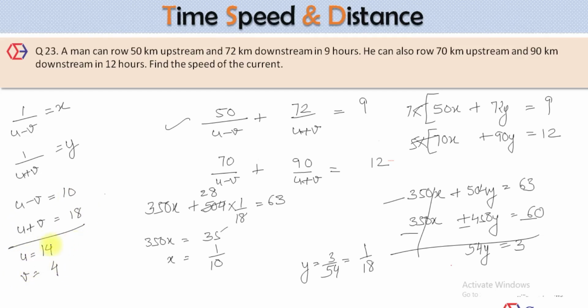So the answer is 14 kilometers per hour, the speed of boat, and speed of current will be 4 kilometers per hour. I hope this is clear. It was an application of equations, where you replace the reciprocals by variables here. Okay, let's look at the next one.